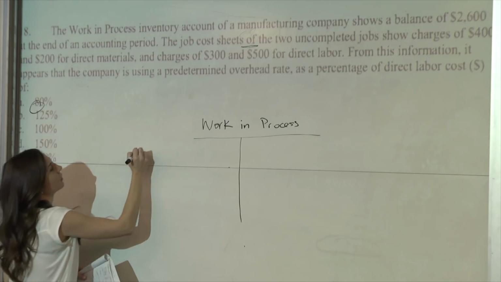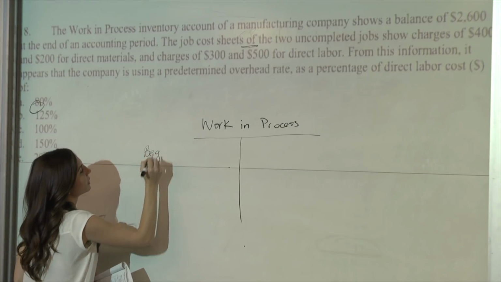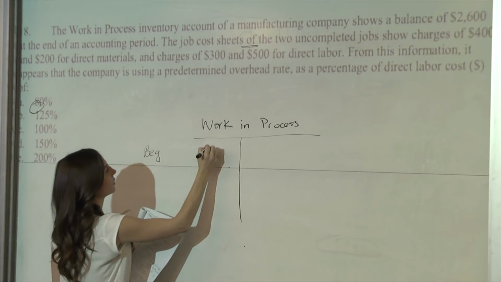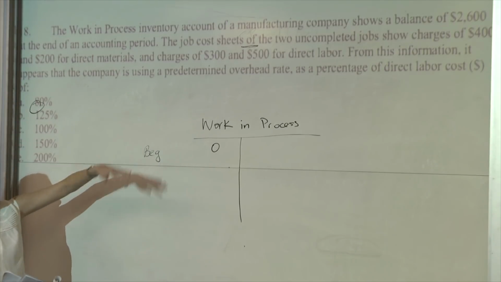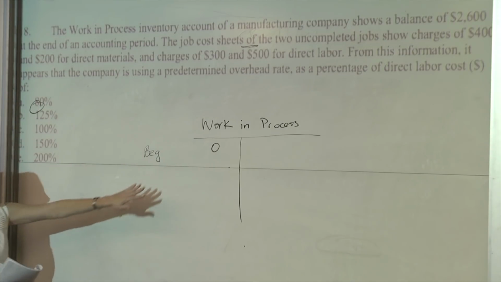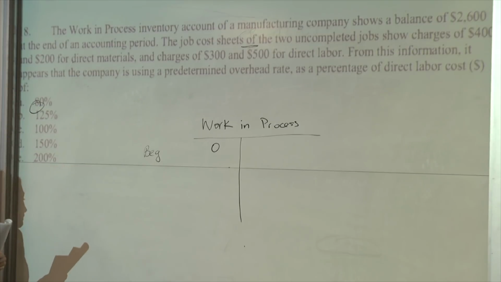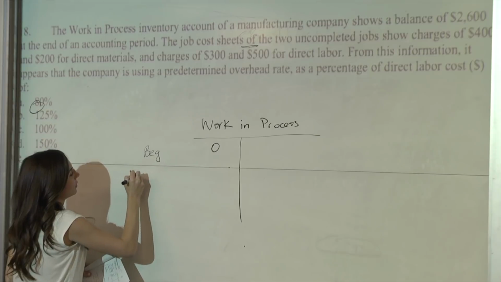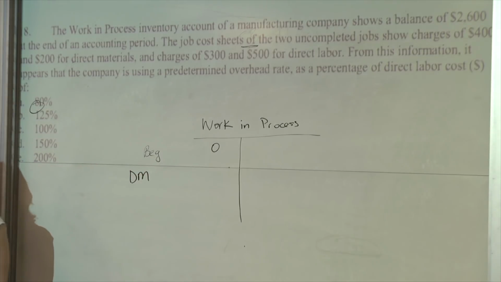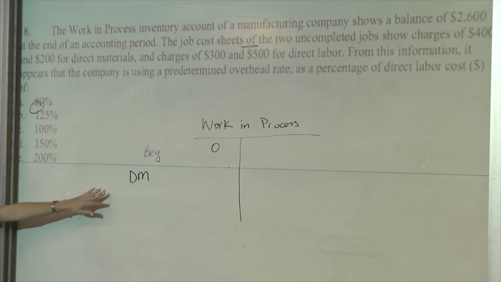But we're going to have a beginning inventory of 0 because we only have these 2 jobs and we didn't have anything beforehand. So the beginning inventory is 0. Then we know that in work in process, we put in the product costs for the products that are currently being manufactured, that are currently in process.